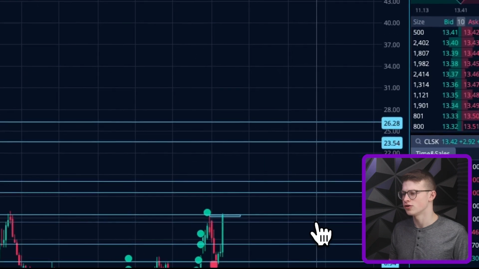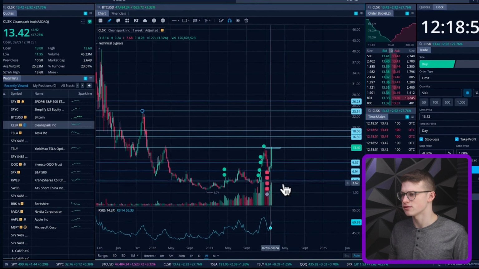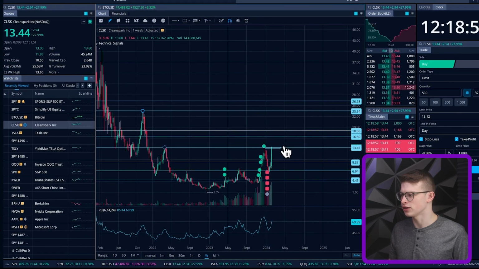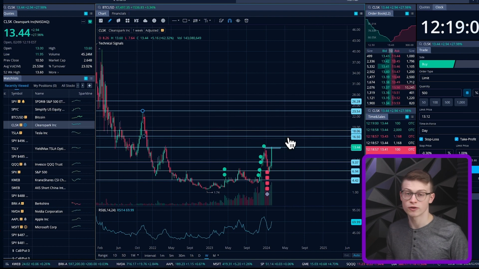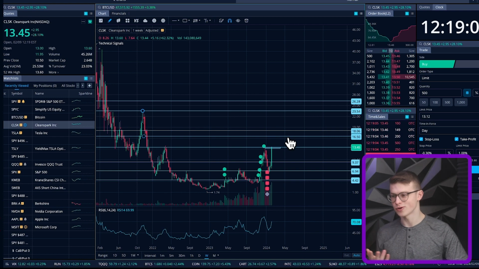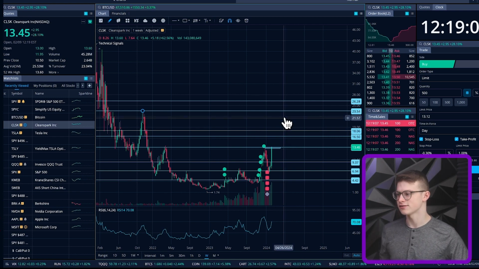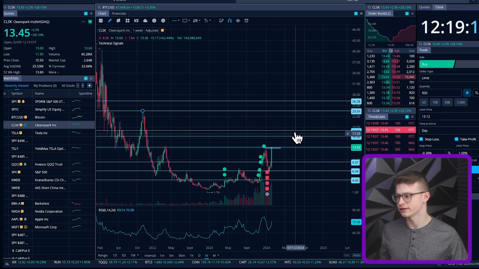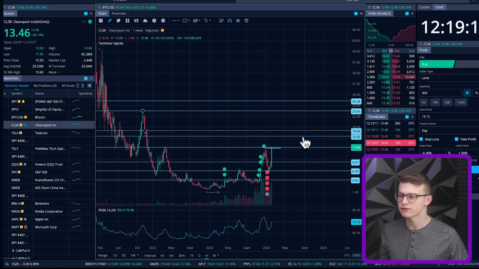Going back to the chart, you can clearly see that there isn't much happening up here until 16.50. So if CleanSpark continues on this trajectory, as the psychological levels, the technical indicators, and the supply and demand indicators lead us to believe, 16.50 is really going to be that next point of resistance.